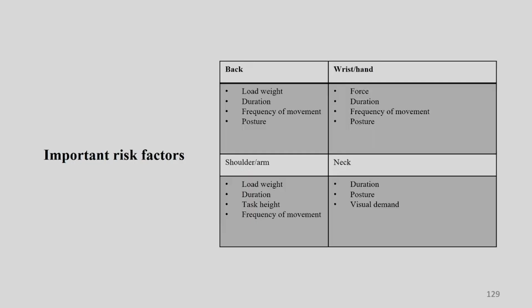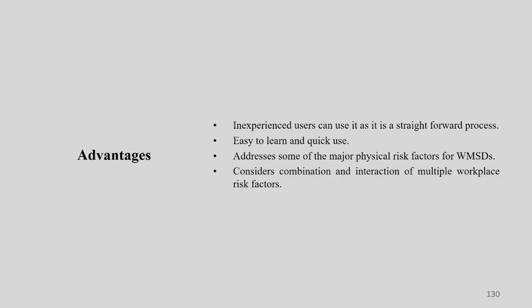The important risk factors that you are going to get from here are all these. We discussed it earlier as well. Now it is clear, right, how you are going to use and interpret these scores and take it further for your design intervention.